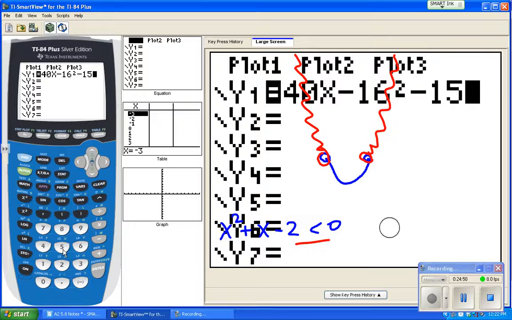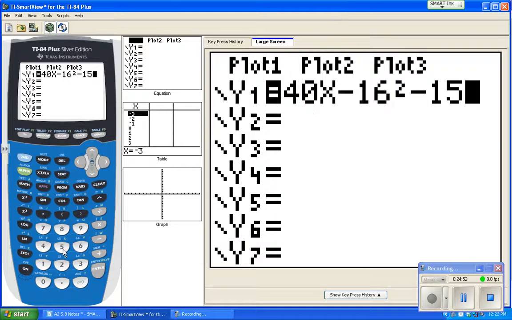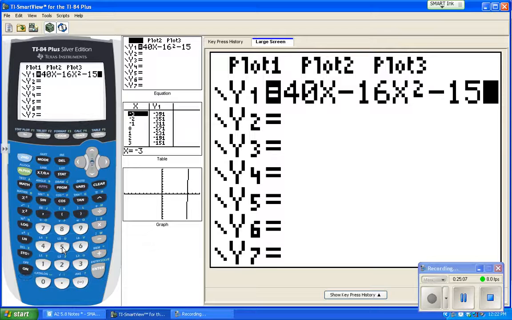Let's get this stuff out of here. Okay, that's the thing we want to look at. Oops, I forgot my x after the 16. 16x squared. So like that, right? All right, and let's see what this thing looks like.